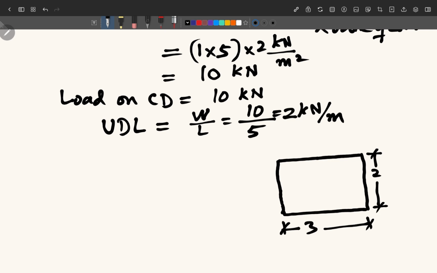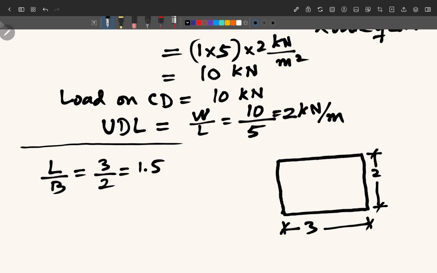Okay, now in this case, as we see, the L by B ratio is 3/2, this is 1.5. So we can decide that this ratio is less than 2, therefore two-way.